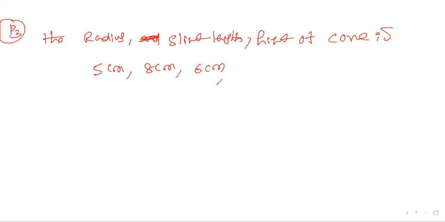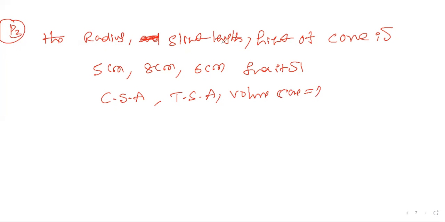This is the mention. Find its CSA, curved surface area, TSA, total surface area, and volume of the cone. This is the question. Now let us try to draw the cone diagram.